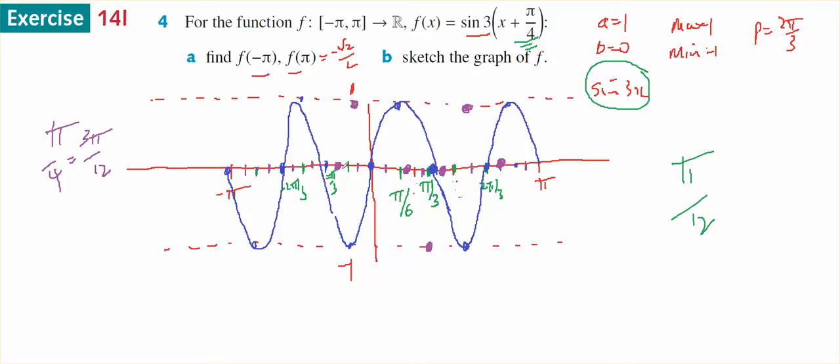This point which is on the green goes 1, 2, 3 to there. This point here goes through that point there. So 1, 2, 3 goes to there. This point goes 1, 2, 3 to there. And I know that it finishes at this point down here at negative root 2 on 2.